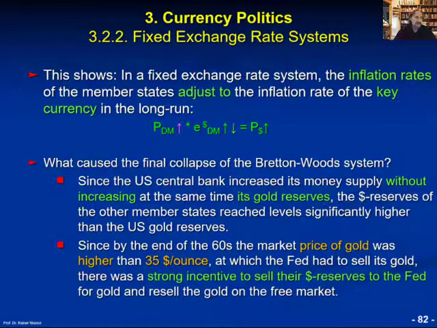Since by the end of the 60s, the market price for gold was higher than $35 per ounce, at which the American Central Bank had to sell its gold, there was a strong incentive to sell dollar reserves to the American Central Bank for gold and resell the gold on the free market.